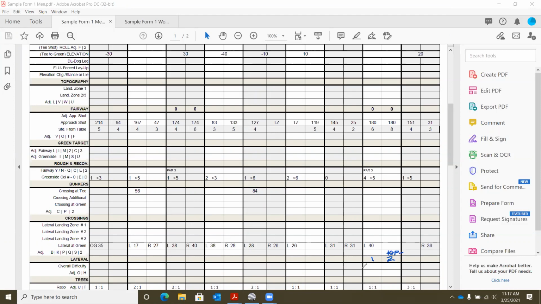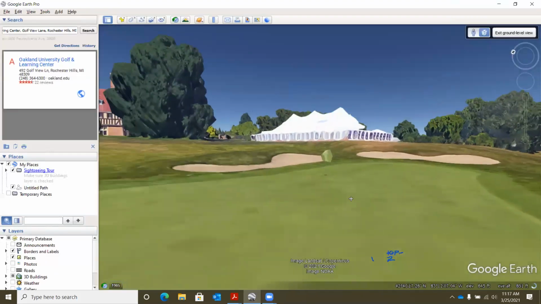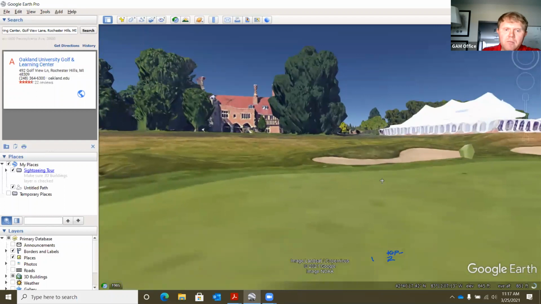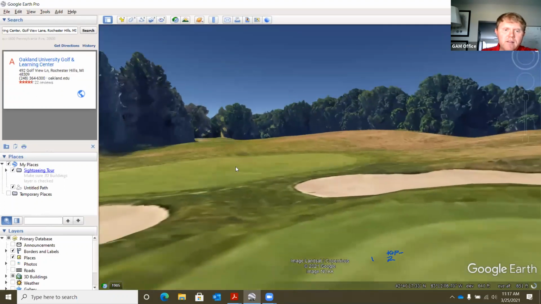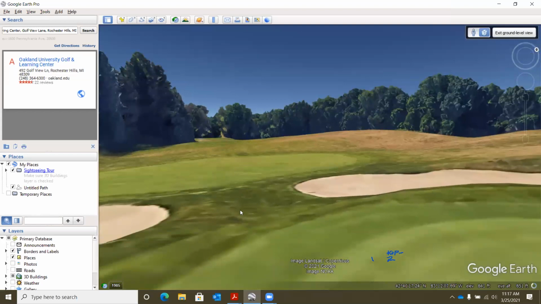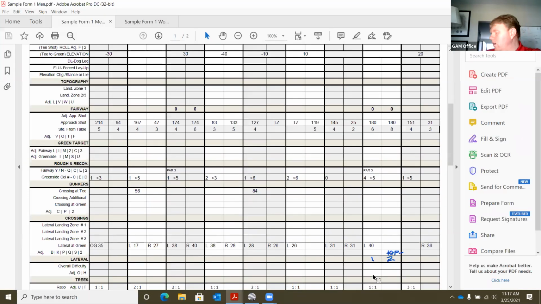And then our trees on this hole, when we look back, there really are no trees here, but we do have trees on the hole, and they exist within 50 yards of the line of play. So in this case, even though they're very, very minor, they do exist.